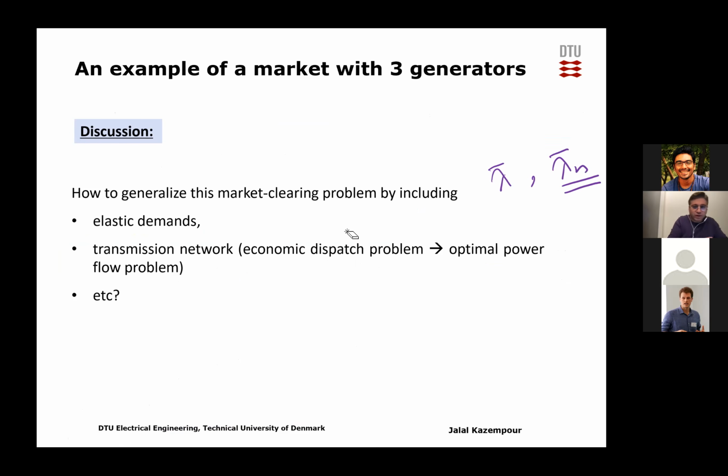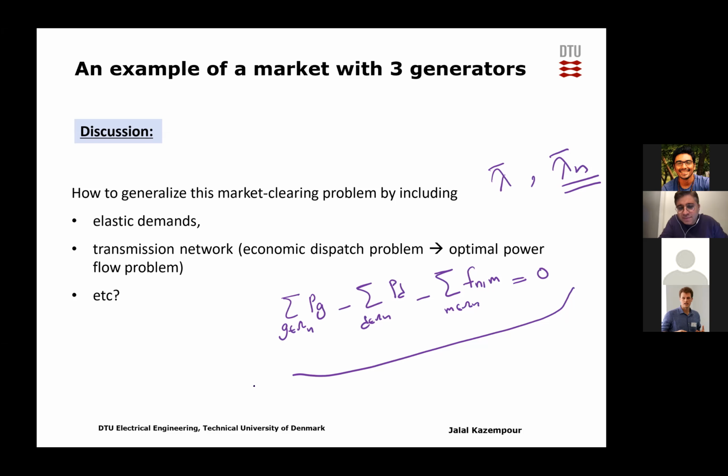Also, the power balance equality is to be relaxed. It's, let's say, the total generation in node n minus the total demand in node n minus all the flows from n to m, where m connects to bus n, is equal to 0. So this is the constraint to be relaxed. Since we also have f and m here, and we are penalizing, we will penalize the objective function based on that.